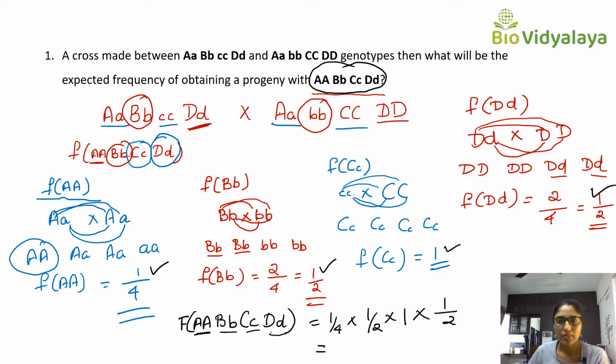Upon solving, we will get 1 by 16. So the expected frequency is 1 by 16. Okay. I hope you all got this answer.